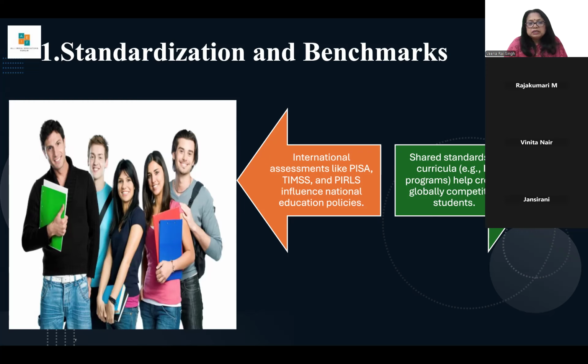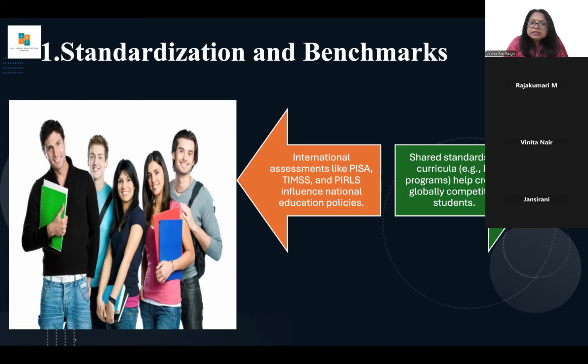What we have to understand is that students who are going abroad, if they have to compete in certain examinations and are not able to qualify, are they going to feel happy about our own system?